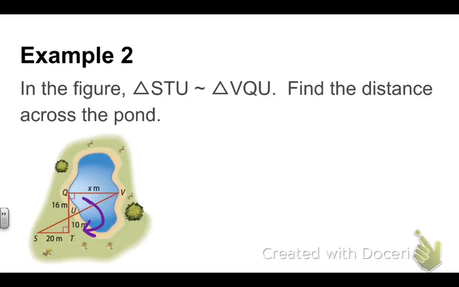But there are a couple of clues that they give us here. So again, one figure, one proportion. If we look at the smaller one, triangle STU, I'm given 10 and I'm given 20. So I want to write a proportion. Which side matches up to the 10? One clue that they gave us was that right angle symbol, that box in the corner.